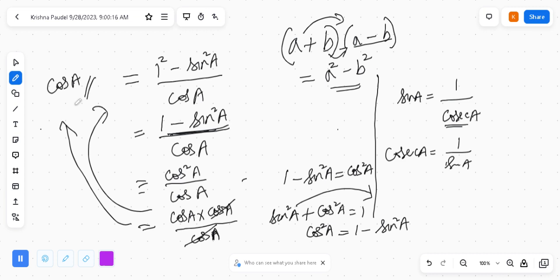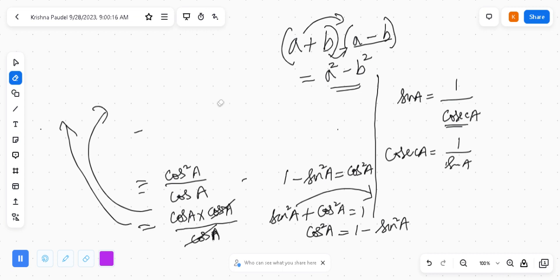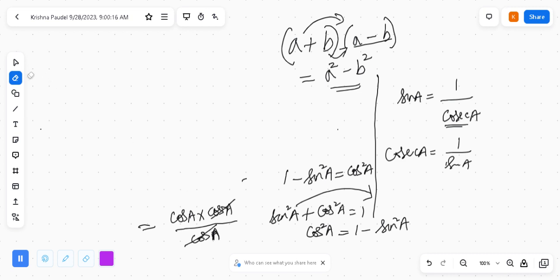Now let's see one more sum similar to this one, again from the same exercise. So let's take the other sum. If you want to do trigonometric identities properly, then you need to first understand the relation of the ratios, and you have to know the trigonometric identities, the formulas and the hints.